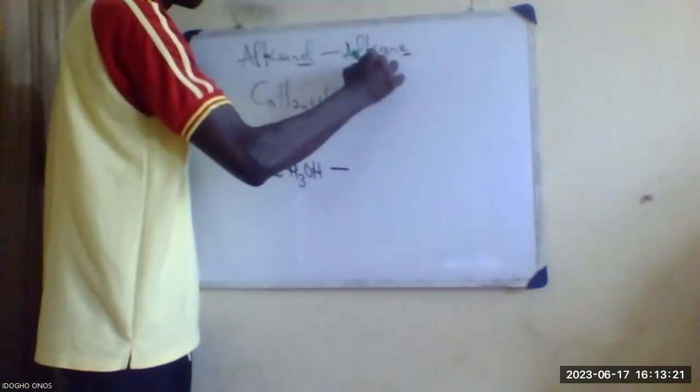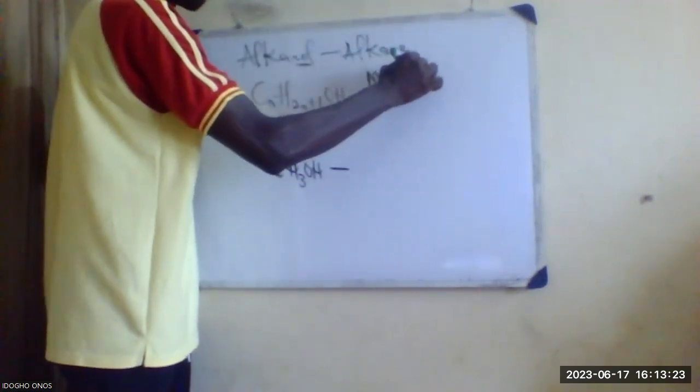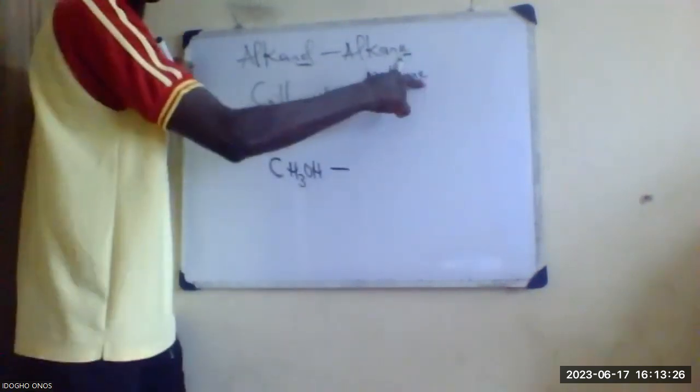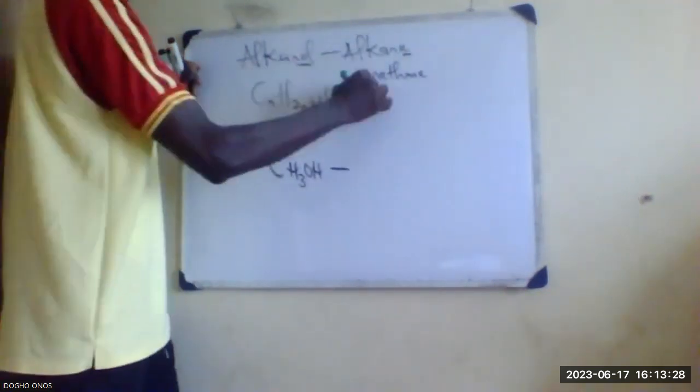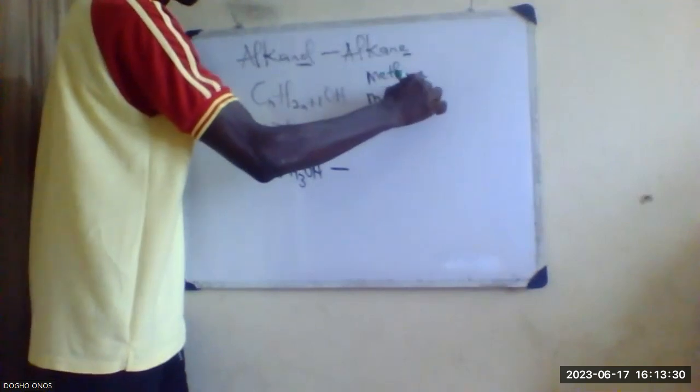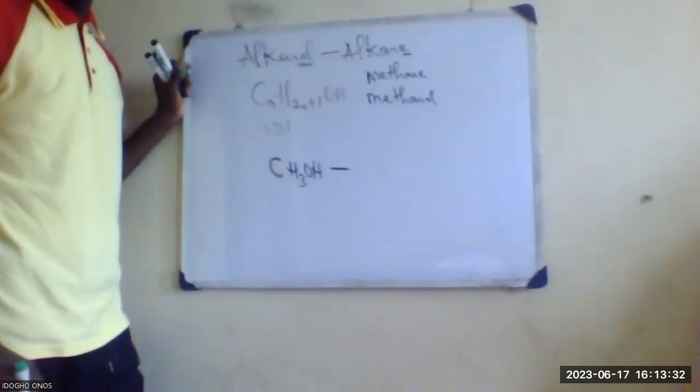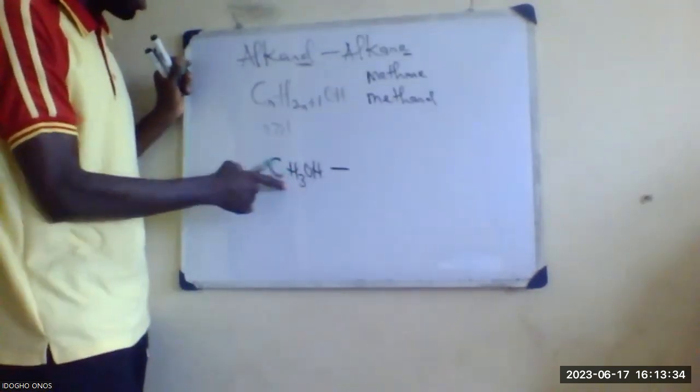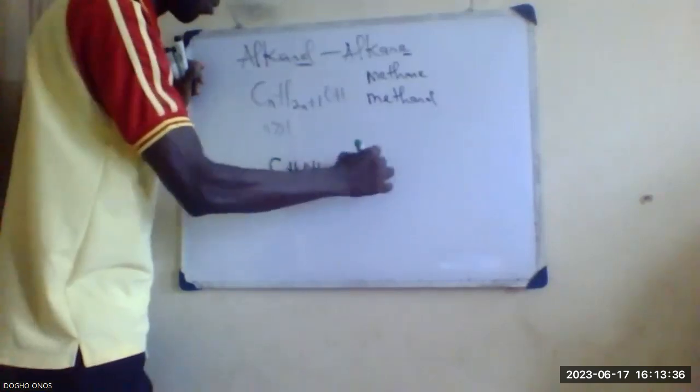Say, for example, I have methane. I remove the E ending of methane and add OL. It becomes methanol. So this compound that I wrote here, CH3OH, is known as methanol.